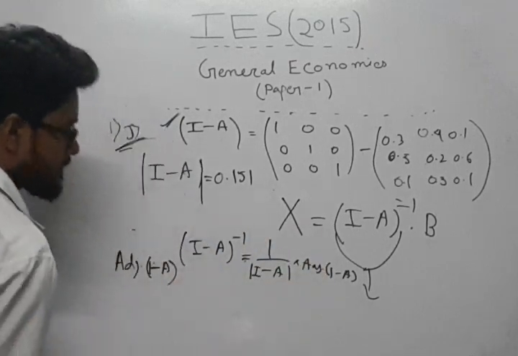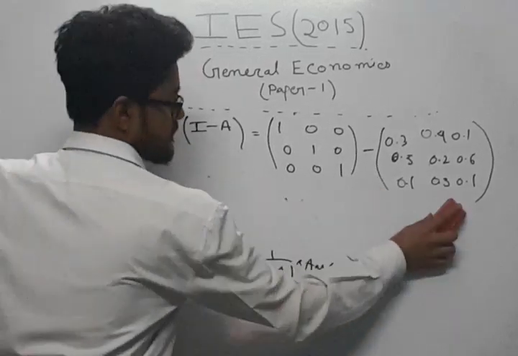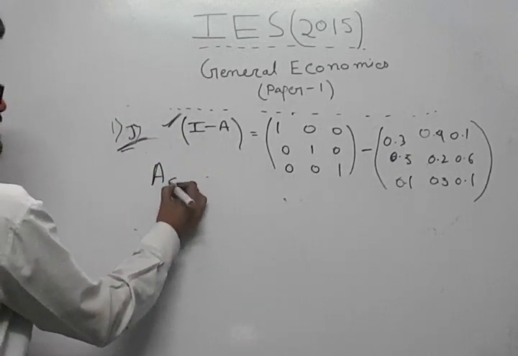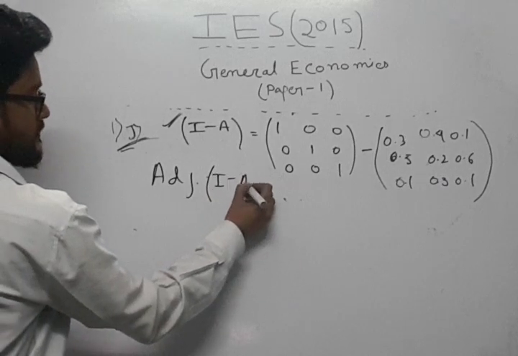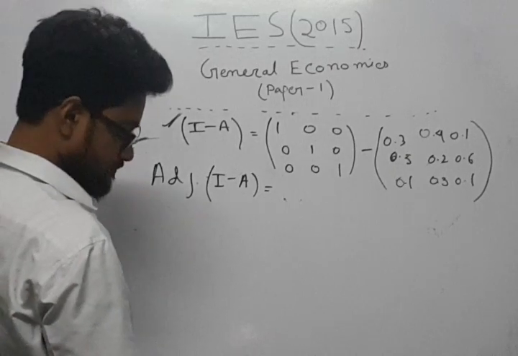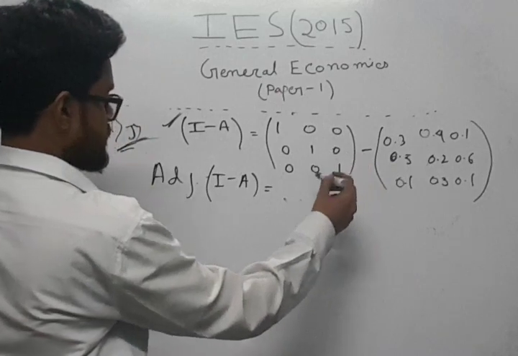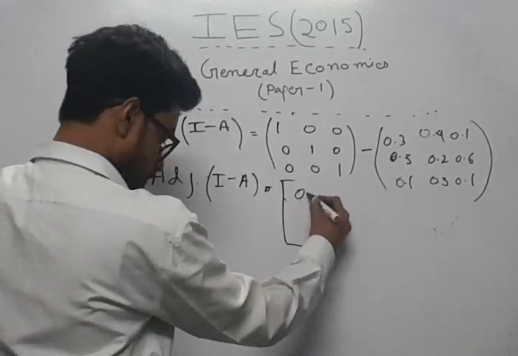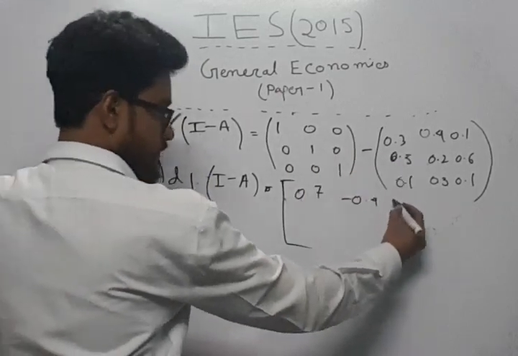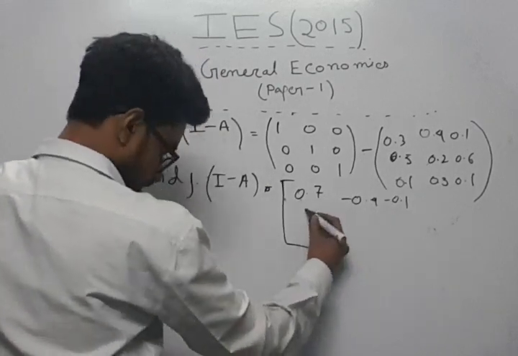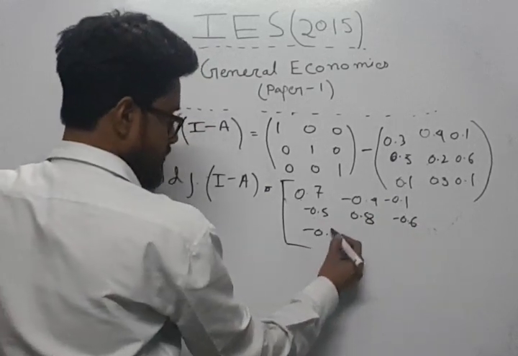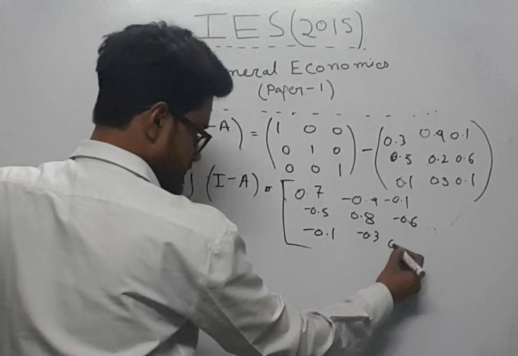How do we find this value? This is also very simple. In order to find the adjoint, the first thing we have to do, see, if you look at this equation which we have written here, 0.7 minus 0.4, by subtracting this from this, we have found it to be 0.1, minus 0.5, 0.8, minus 0.6, minus 0.1, minus 0.3 and 0.9.